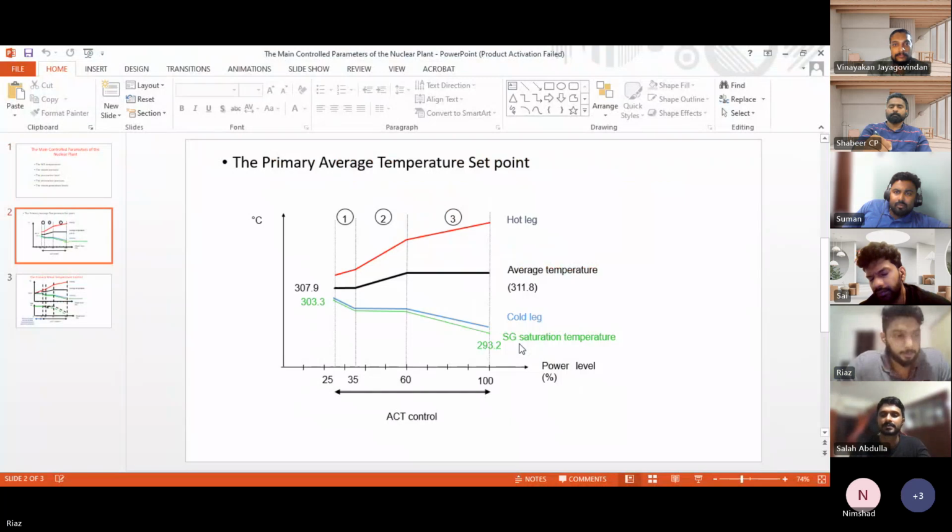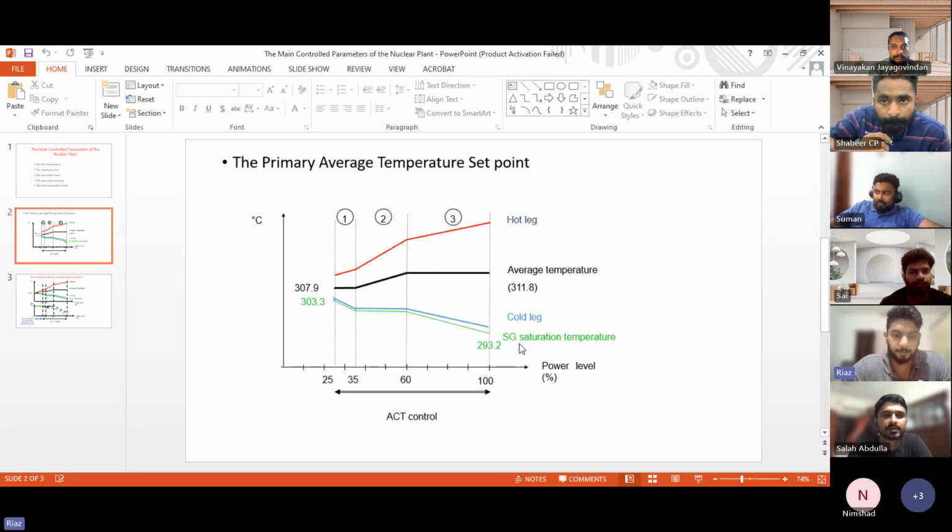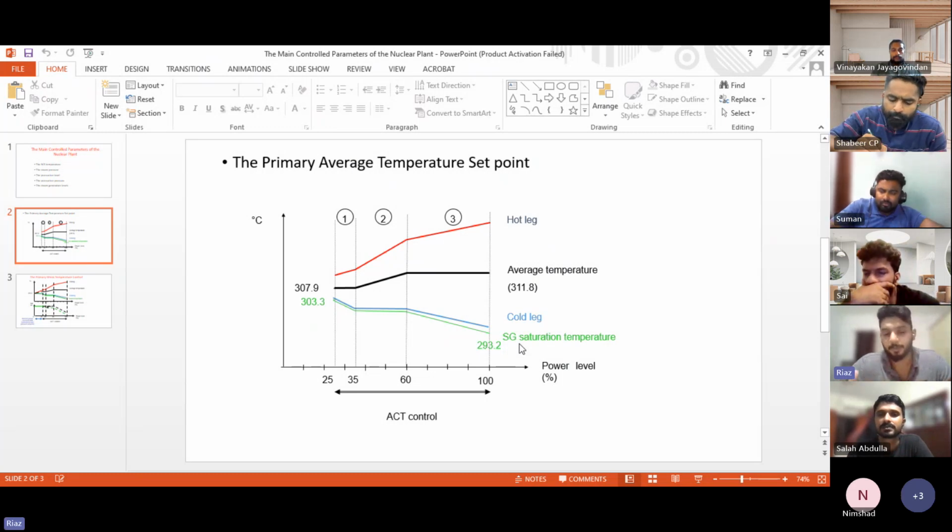Next we will move on to the two-mode operation of an NPP. If the plant is at a starting stage, the plant power level is less than 25% of full power, then the mode is neutron flux control mode.